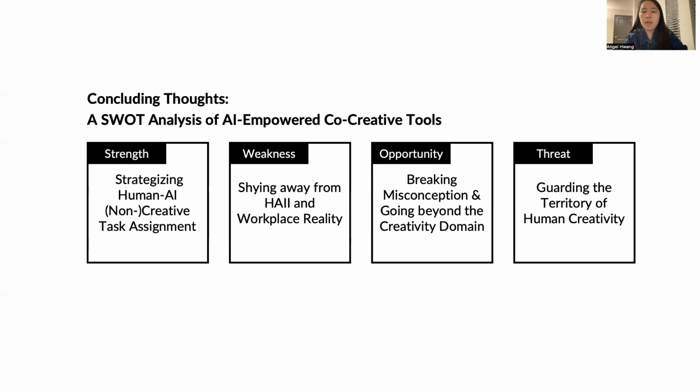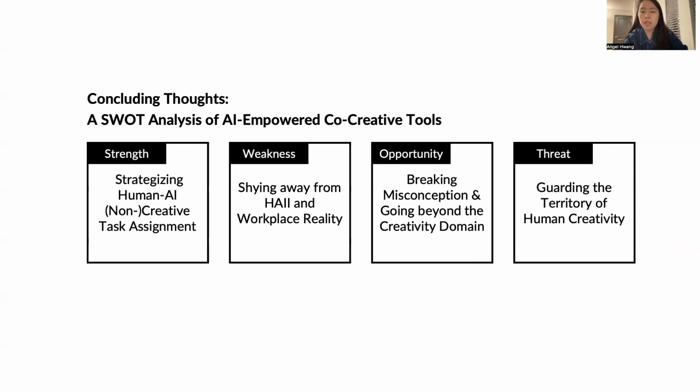To conclude, I found that current AI co-creative tools actually offer the most support when users have already formed their creative ideas, and they seldom directly address common human-AI interaction challenges in the creative domain.